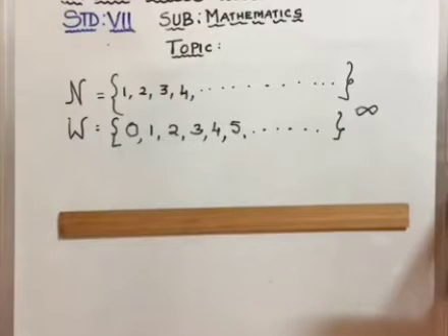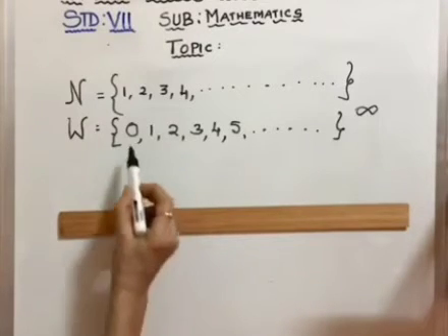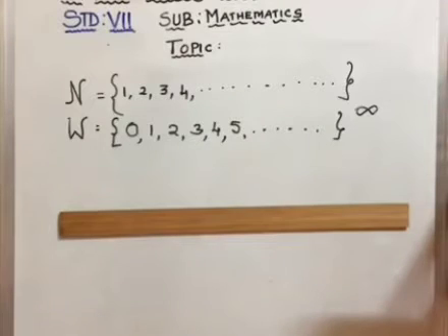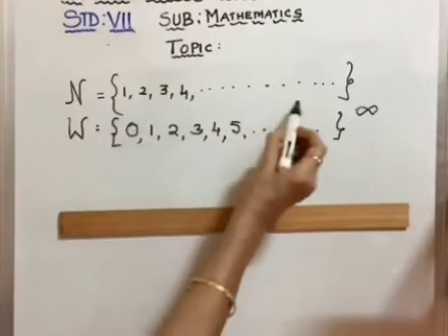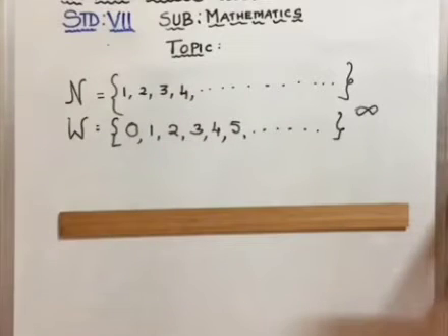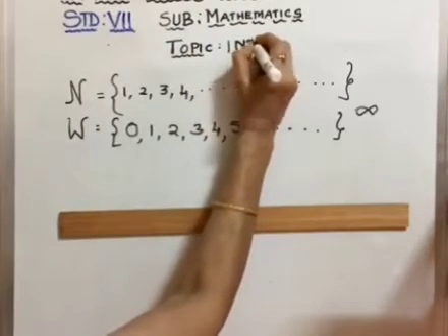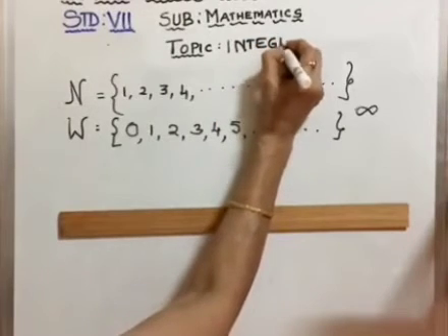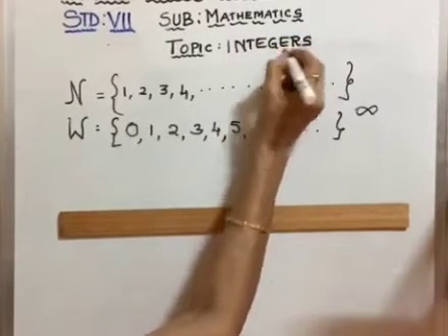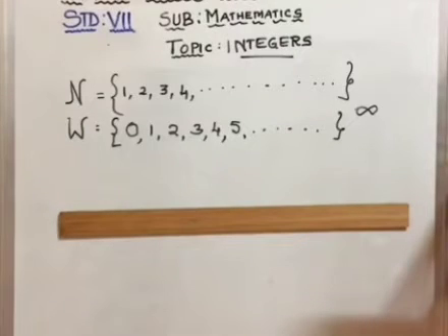I repeat, the set we are talking about next comprises whole numbers and negatives of all the natural numbers. Yes, you must have guessed by now, we are talking about the set of integers. And the topic that we are going to start is integers. This will be your first chapter in 7th standard. We are going to start integers.